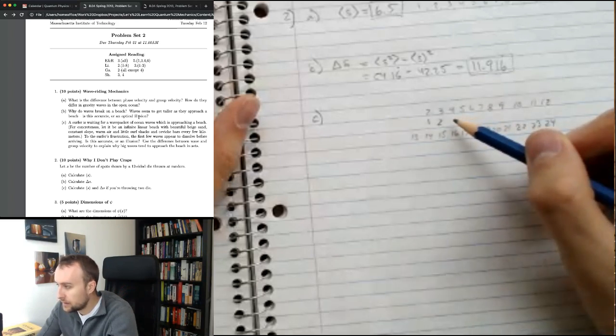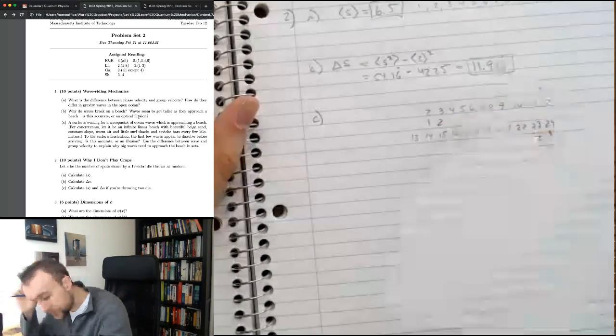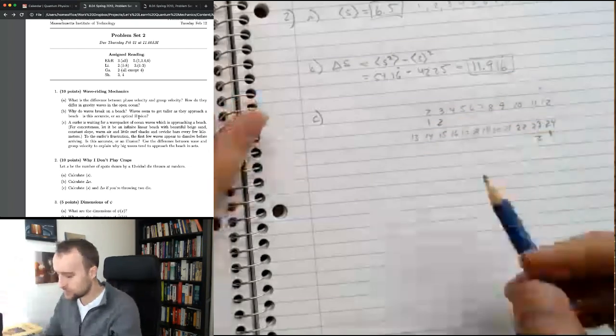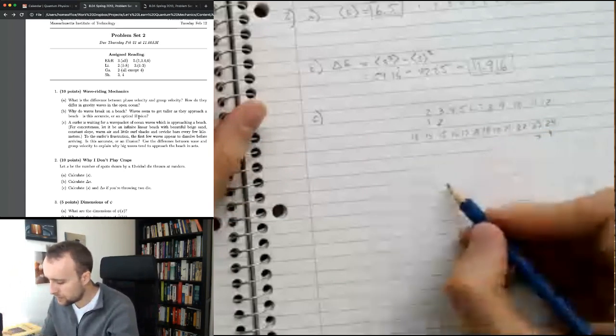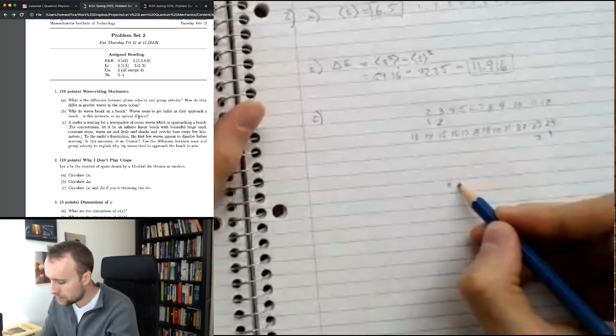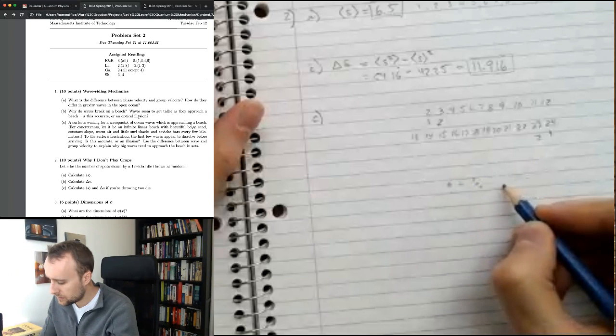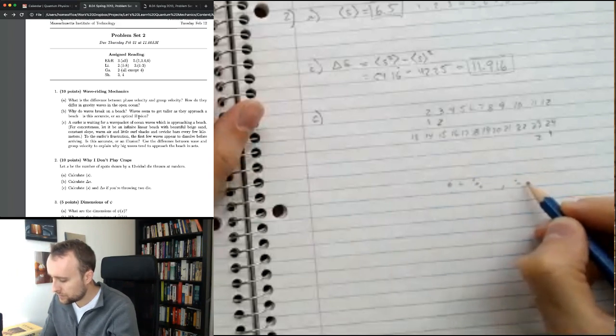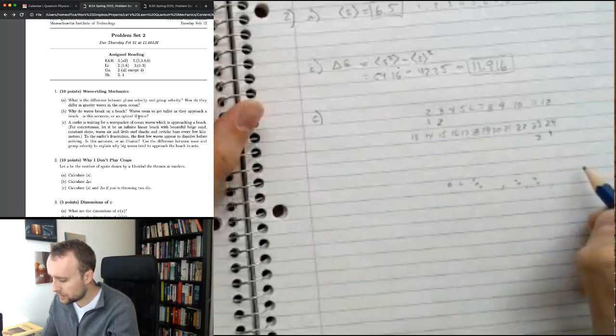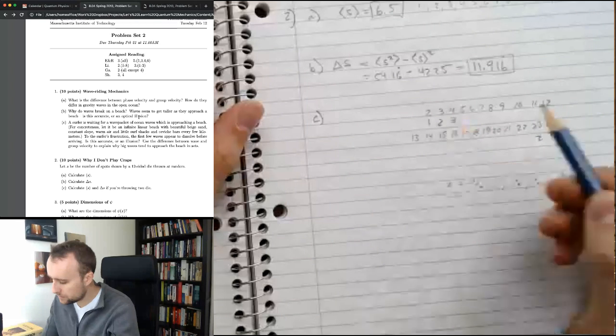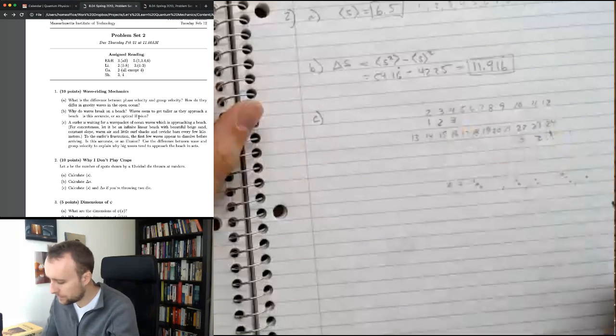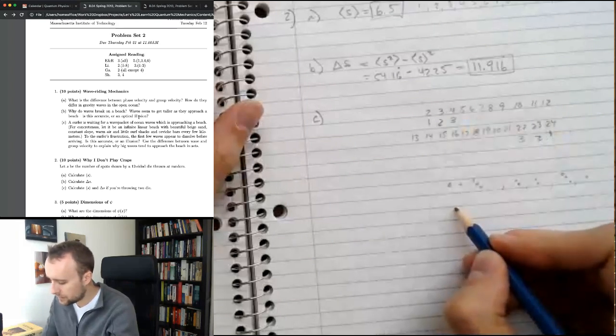4 we can get in how many ways? 4 we can get with a 1 plus a 3, 2 and 2, and 3 and 1. So this goes up to 3, this goes up to 3. 5 we can get in how many ways?